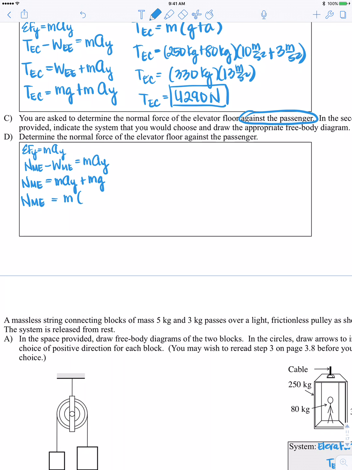So his mass times the acceleration in the Y plus gravity. And I know this seems tedious, but learning how to practice these steps of writing the information is really useful.